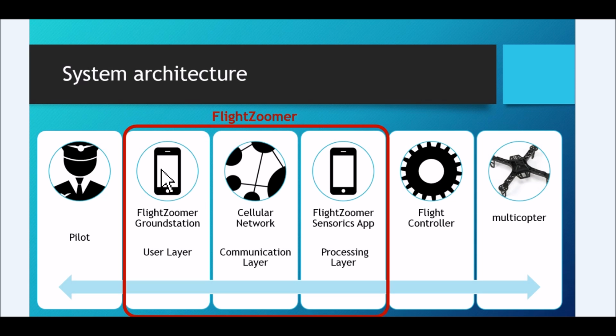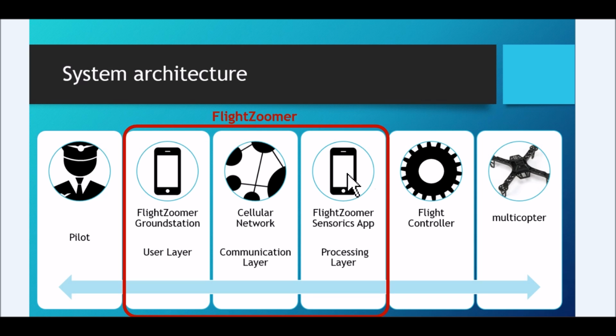Commands of the autopilot are sent from the ground station to the sensoric app, and each and every command is acknowledged, so we can provide awareness to the pilot about the state of the autopilot and also the communication.